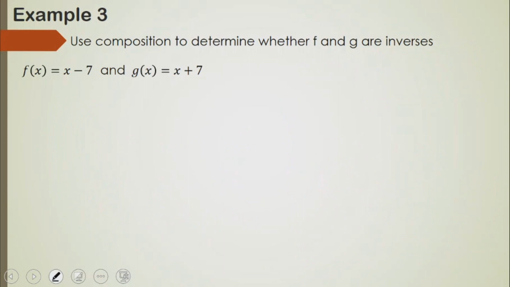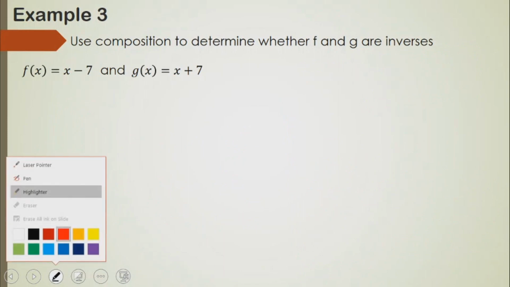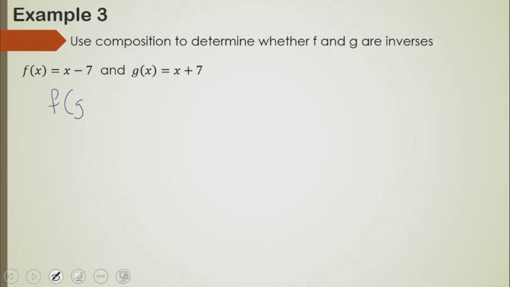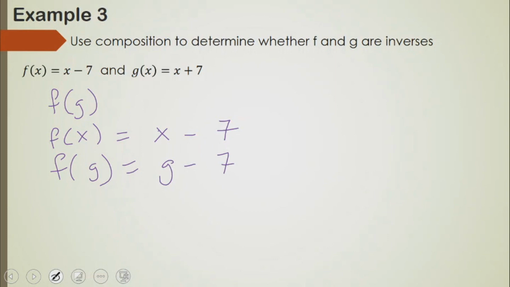So in example 3, we are given f and g again. So let's compose them. Is f of g going to be equal to x? Let's find out. Again, start with f of x equals x minus 7. So f of g will be g minus 7. In this case, our g is x plus 7, minus 7.